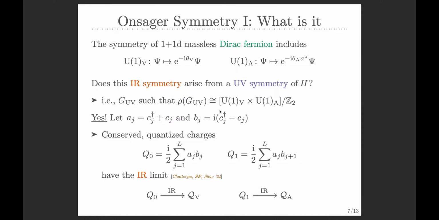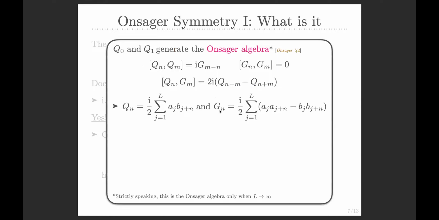But the symmetry in the UV is very complicated. Q0 and Q1 on the lattice don't commute with one another, and instead they generate the Onsager algebra. Onsager wrote it out in the 40s to solve the Ising model. In that context, it arose because he was looking at the transfer matrix. He wasn't thinking about symmetries.